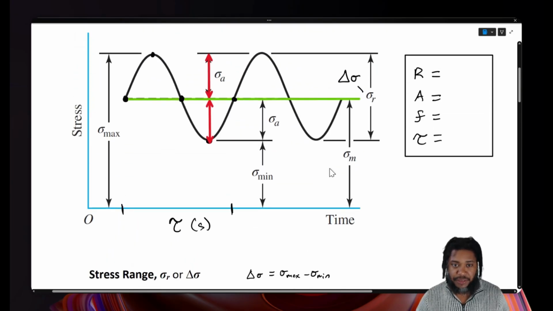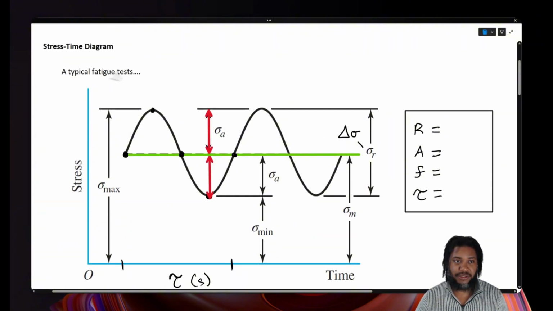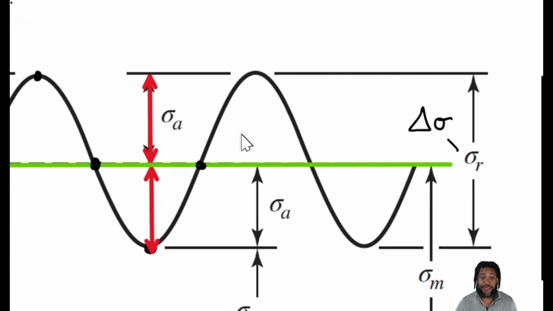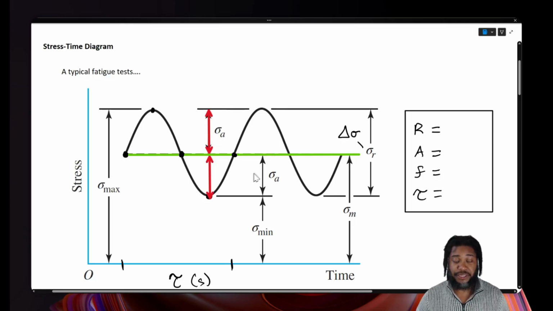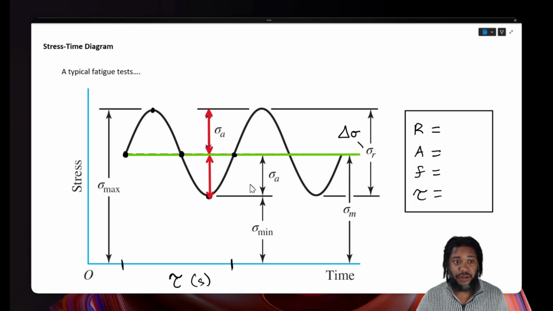Now, there are some other characteristics on this stress time diagram that we also need to know if we're drawing one of these diagrams. One of them is the period of a cycle, which is the duration of a single cycle during fatigue.